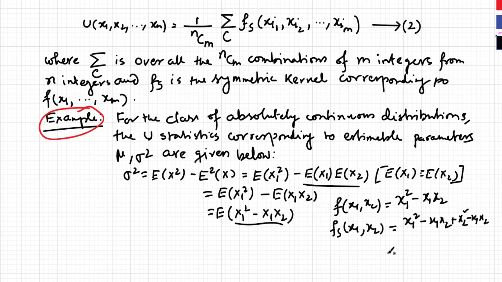That means this is 1 2 and this is 2 1 divided by 2 factorial, means 2. So this is equal to x1 minus x2 whole square by 2. This is symmetrical.